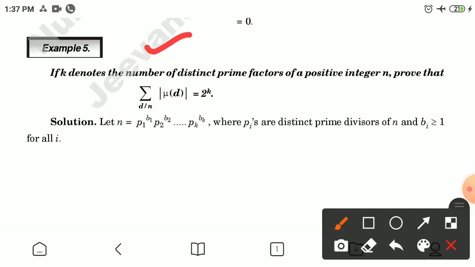Example fifth: if k denotes the number of distinct prime factors of a positive integer n, prove that the summation of mod of μ(d), when d divides n, is equal to 2 raised to power k. Solution: let n be equal to p1 raised to power b1, p2 raised to power b2, and so on, pk raised to power bk, where the pi's are distinct prime divisors of n and bi is greater than or equal to 1 for all i.